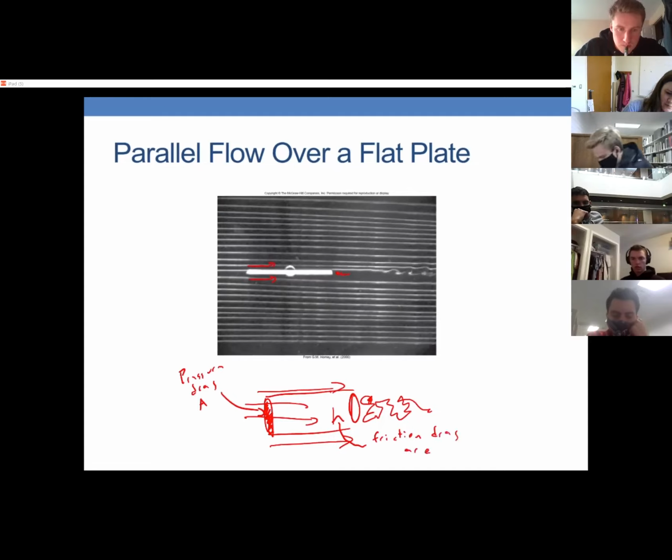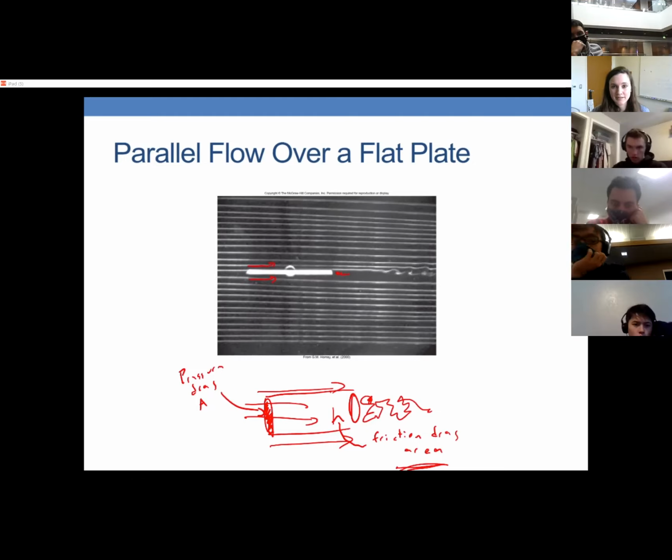But again, in most cases the pressure drag will be really big, and you would just use this. If you had a long enough, thin enough cylinder, the friction drag would probably become more significant, and you would have to use some other relationship, which you could probably find somewhere. I'm sure someone's published a paper on that.